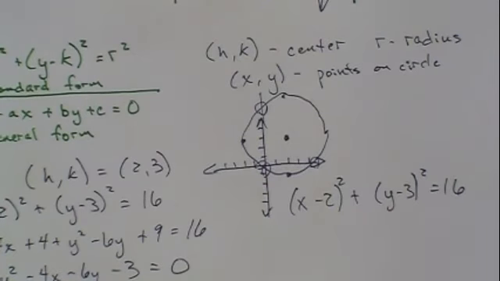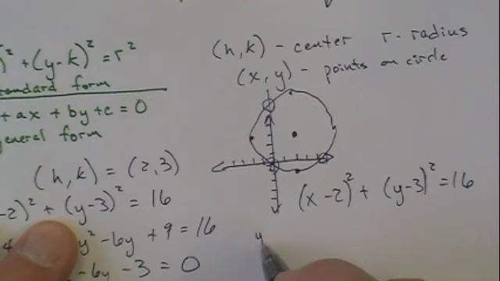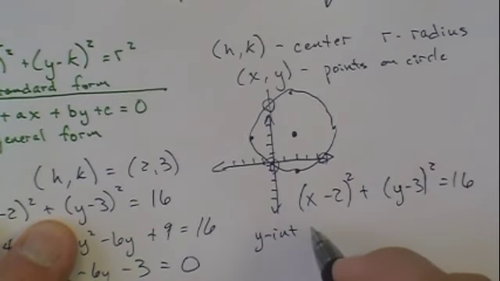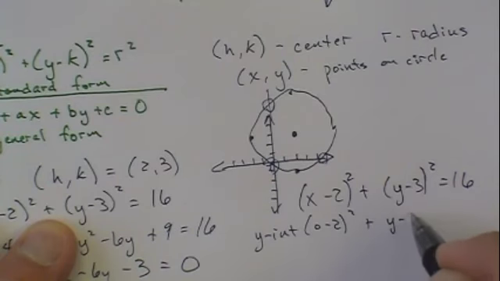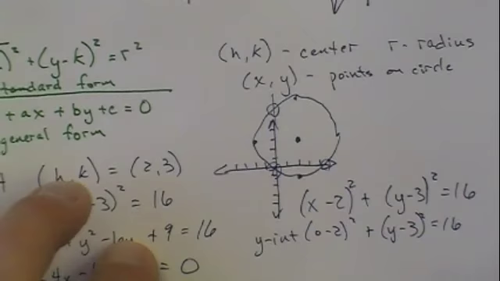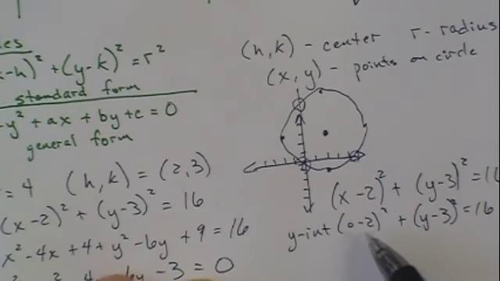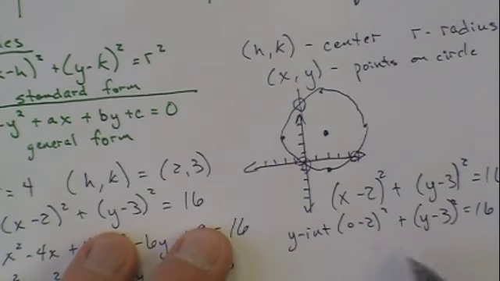If I wanted to find the y-intercept, I plug in 0 for x. So that'd be 0 minus 2 squared plus y minus 3, again quantity squared, equals 16. So 0 minus 2 is negative 2, we square that, so we have 4, right? So I'm going to move that over to this other side, so we end up with y minus 3, that quantity squared, is equal to 12.